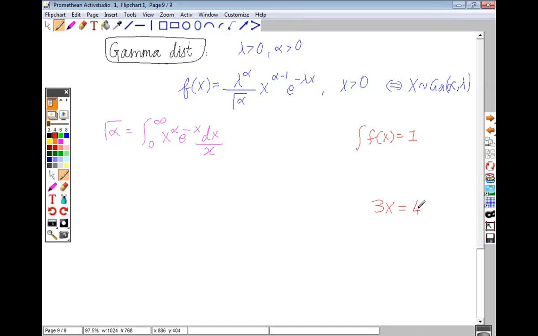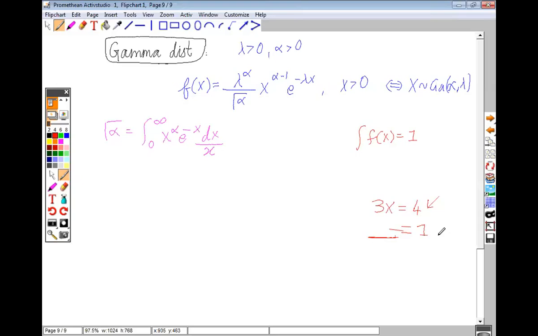But I don't want this 4 to be 4. I want this right hand side to be 1. So what should I do here to make this right hand side 1?